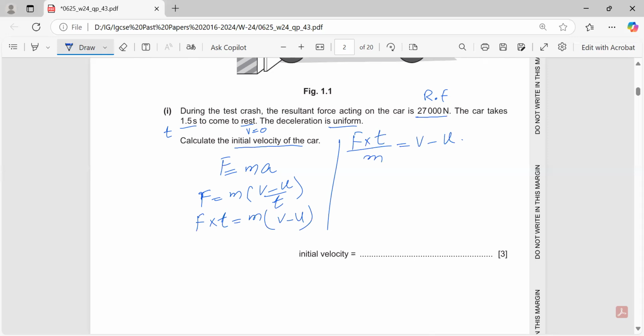Now force is given, that is 27,000 times t, which is 1.5, over mass, which is 950 kilograms.